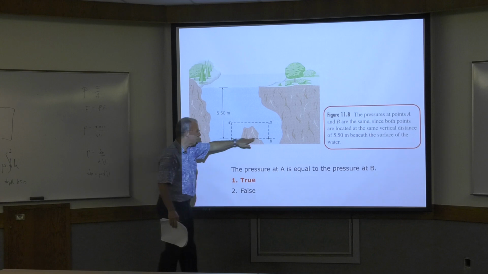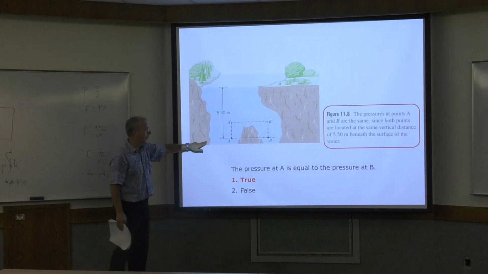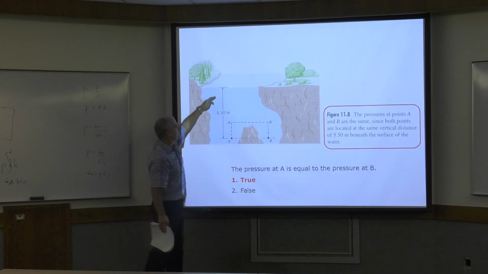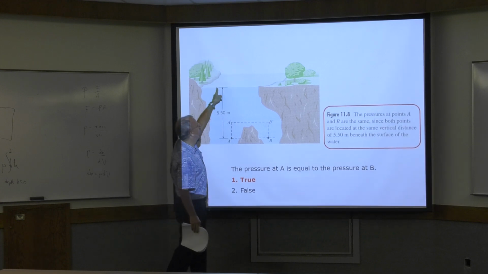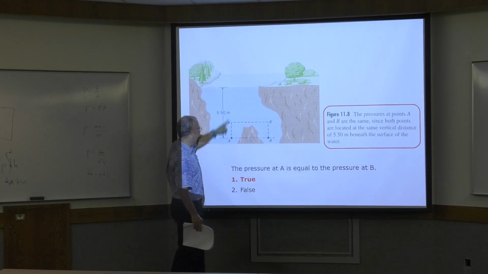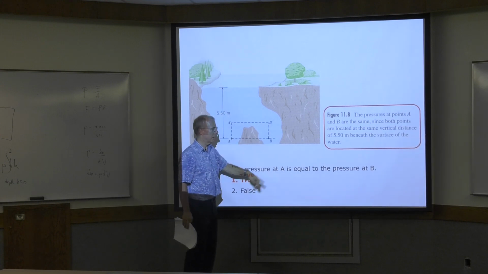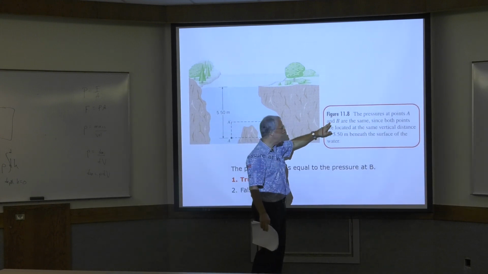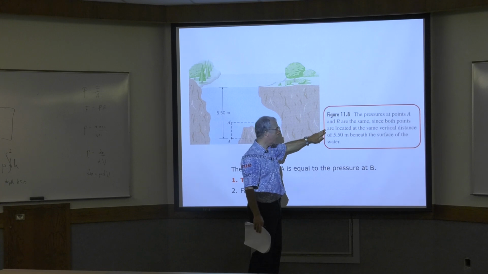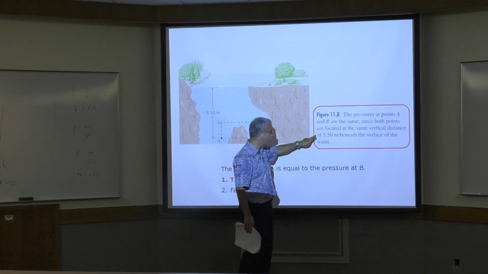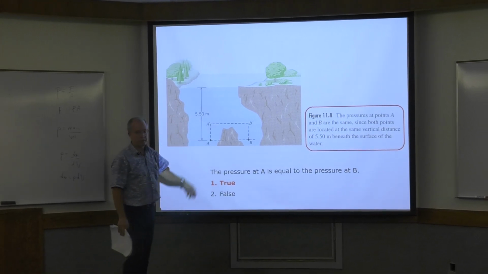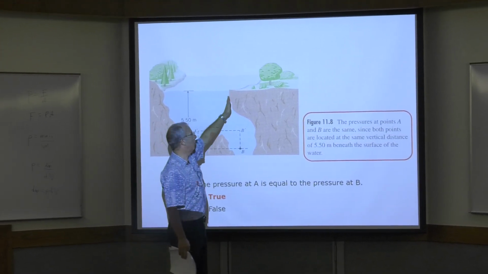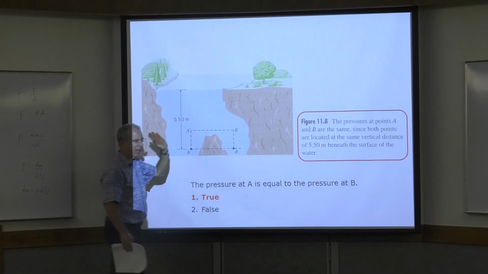Everywhere along this horizontal line, the pressure is the same because the depth is the vertical distance from the surface of the water to this horizontal line. Let's read that. The pressures at A and B are the same since both points are located at the same vertical distance, 5.5 meters beneath the surface of the water. So in other words, this is completely irrelevant. Doesn't matter.